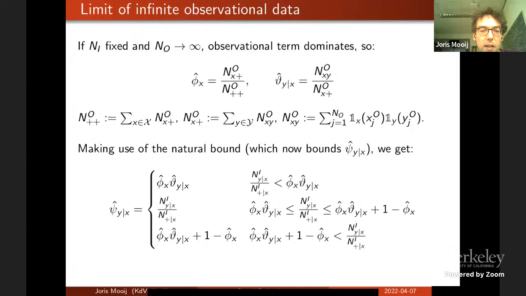And then we can make use of this natural bound, which has now become a bound on the psi parameters. If the standard maximum likelihood estimator for the interventional data satisfies the bound, then that will be our estimator for the psi parameters. But if it violates the bound, then the bound clips the value of this estimator. In that way, we can end up with a more accurate estimate.